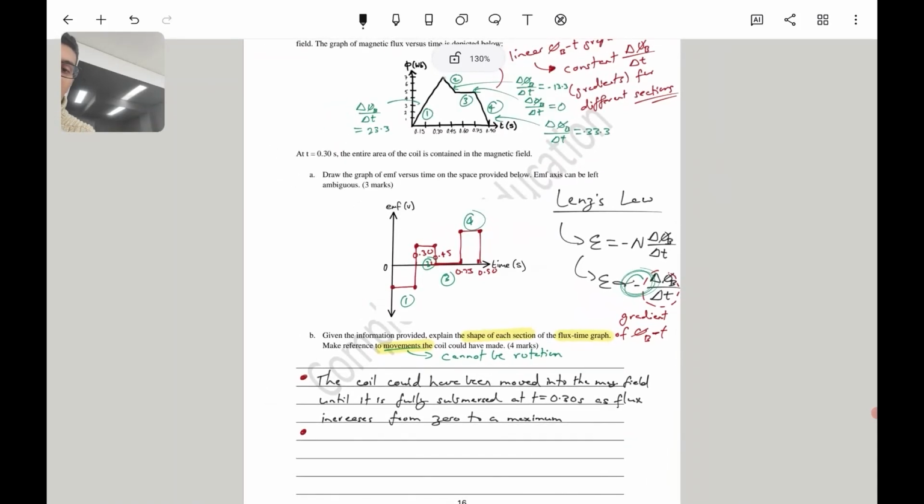All right, so that's for the linear portion of the graph. So for the first linear portion of the graph, for section number 1, the coil could have just been moved from being outside of the magnetic field into the magnetic field until it is fully in the magnetic field at 0.30 seconds.